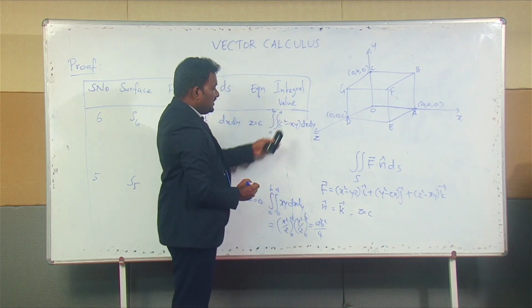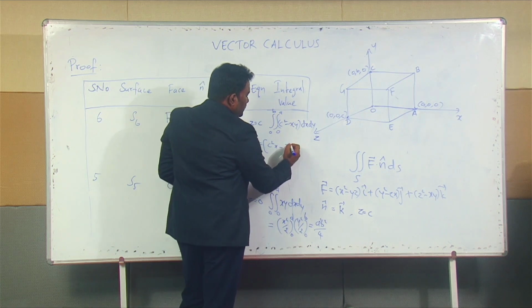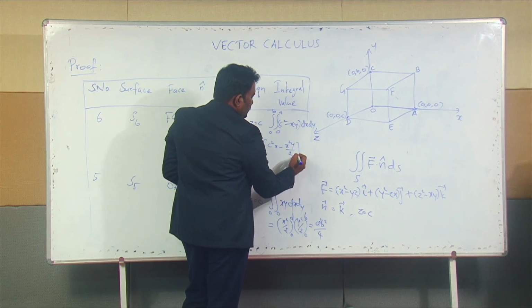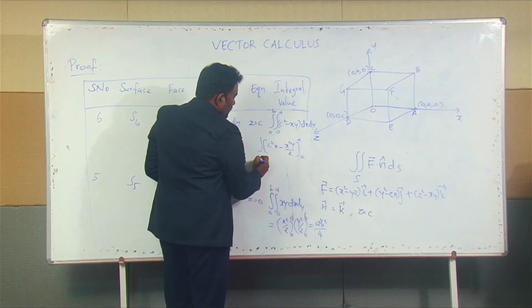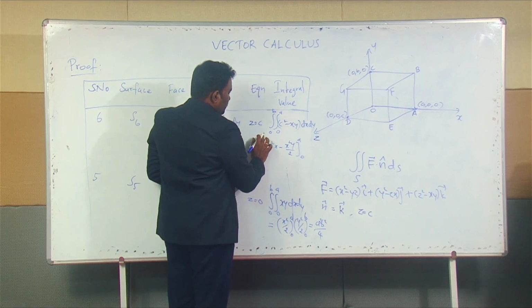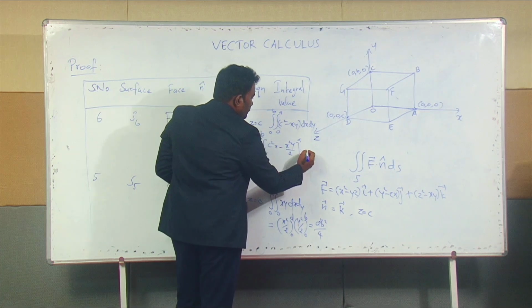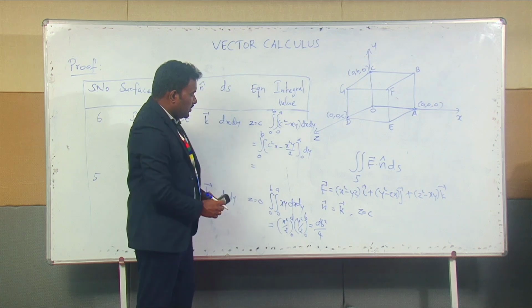So, now when you start integrating this, it becomes c square x minus x squared y by 2 from the limits 0 to a, and here we have the limits of integral from 0 to b, and again we have to integrate with respect to y here.